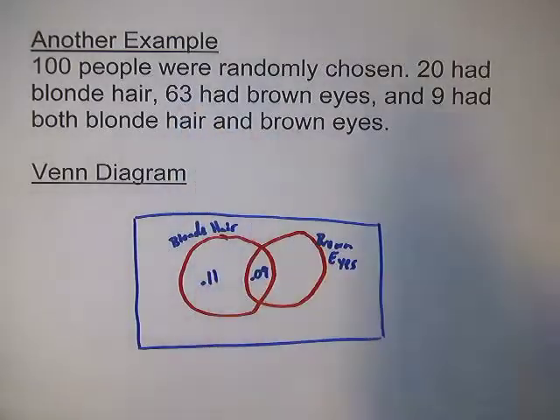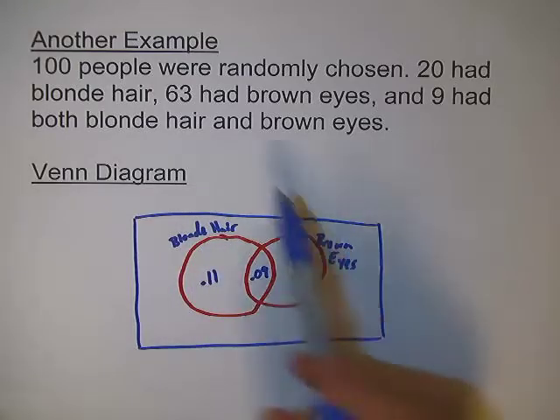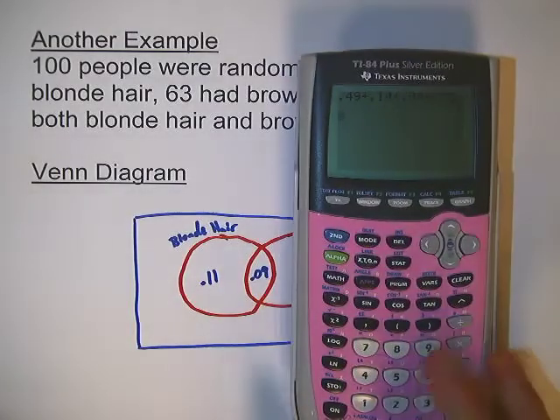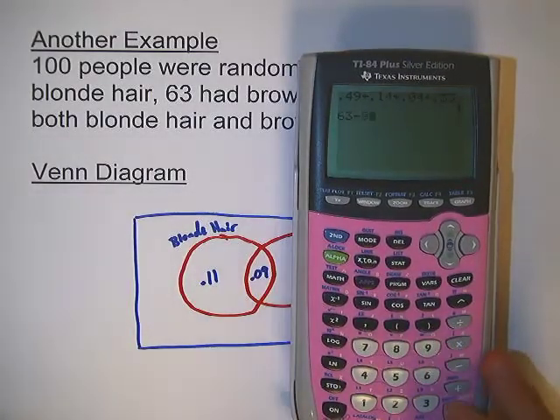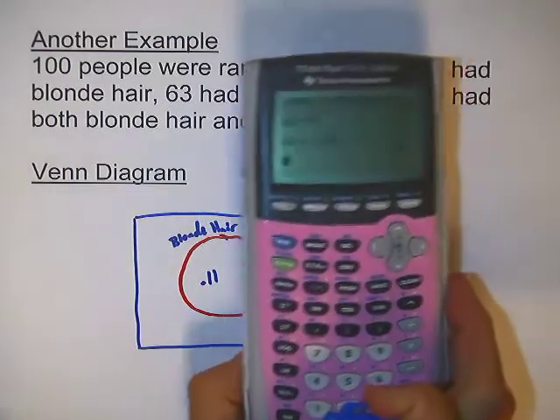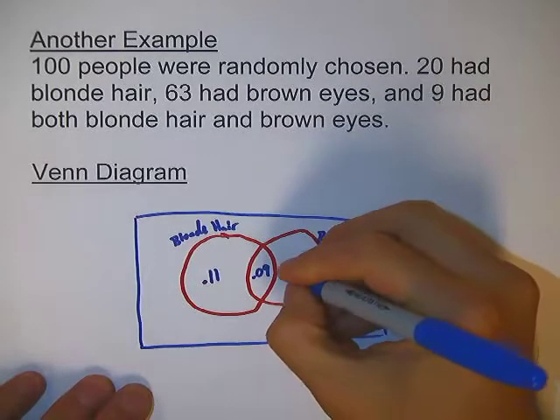Now with brown eyes, here they're brown eyes but not blonde hair. So we need to take the 63 and subtract the 9. 63 minus 9 is 54, divide by 100, we end up with 0.54 there. So that goes here.